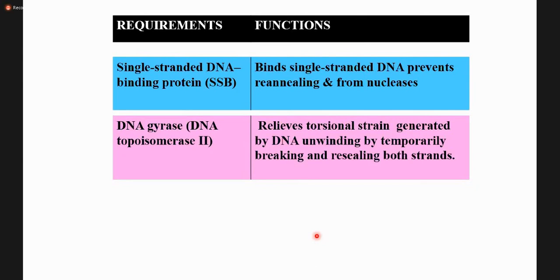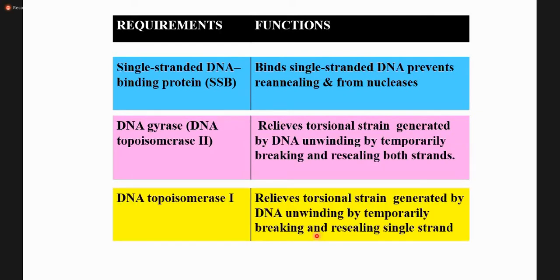There are two types of topoisomerases: topoisomerase 1 and topoisomerase 2. Topoisomerase 1 releases the torsional strain by temporarily breaking and resealing a single strand, whereas topoisomerase 2 releases the torsional strain by temporarily breaking and resealing both the strands. In E. coli, the name of topoisomerase 2 is the DNA gyrase enzyme.